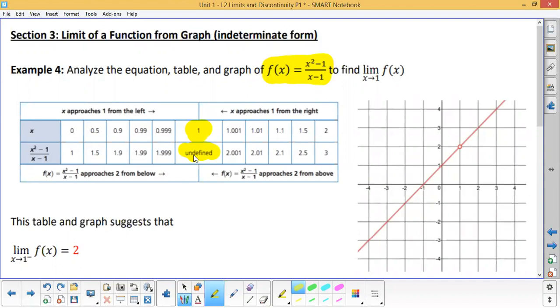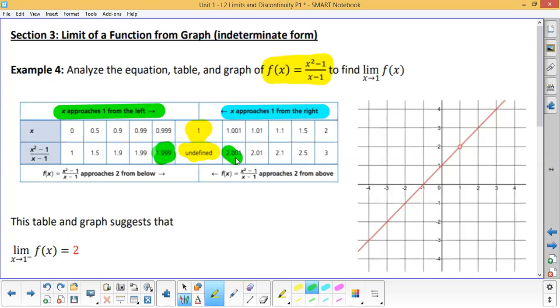However, with the table of values, you'll notice that as we approach x equal to 1, if we approach 1 from the right, or if we approach 1 from the left, I'm going to highlight that, our intended height of the function, that means our y values, are going to approach 2.